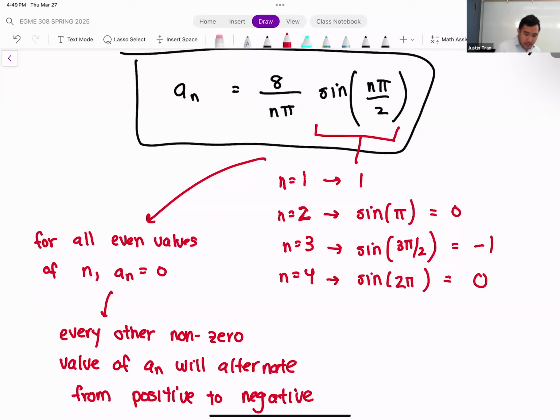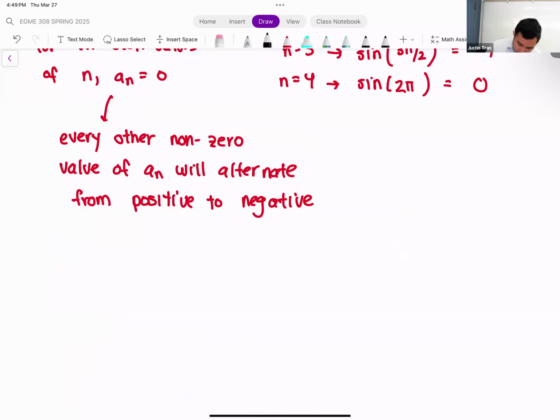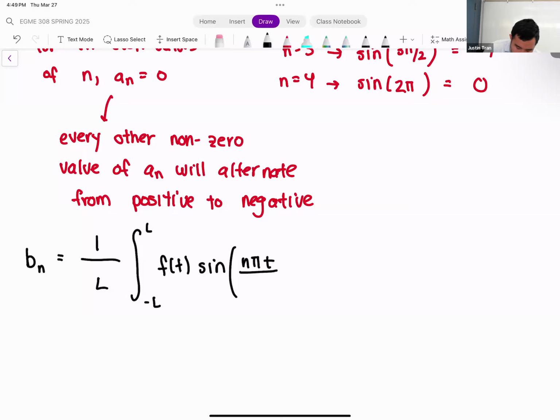Okay. All right, so those are the ANs. So last one we have to compute here are the BNs. Okay, so BN, our formula is 1 over L, integral from minus L to L, f of t, sine of n pi t divided by L dt.